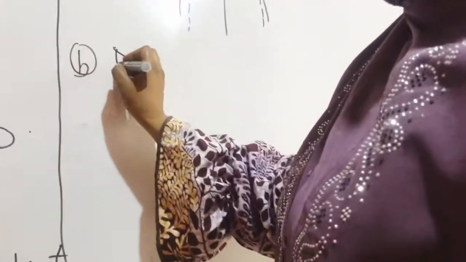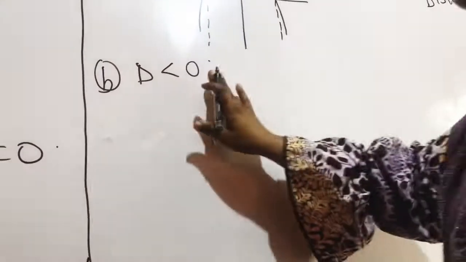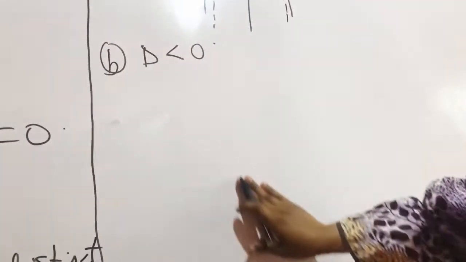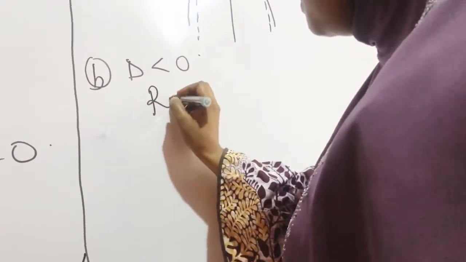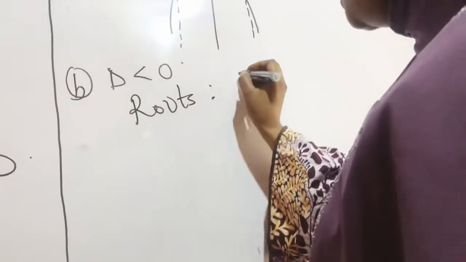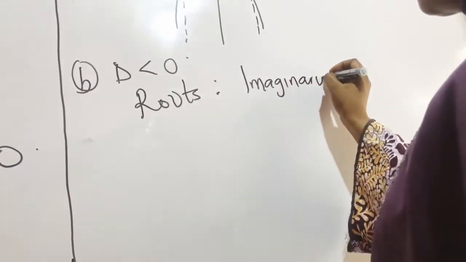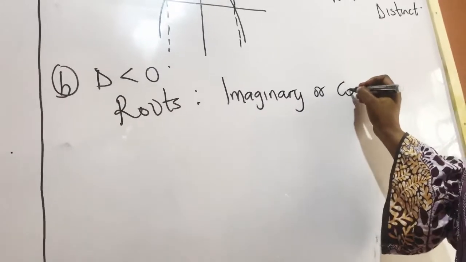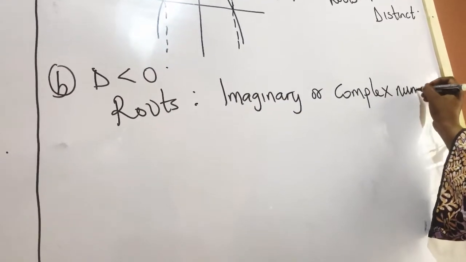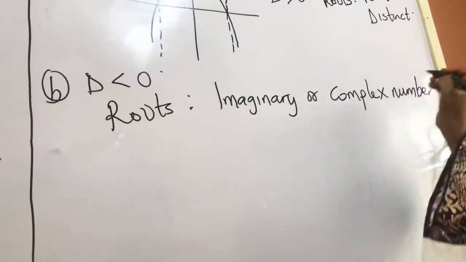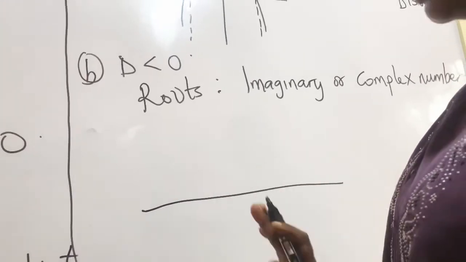Next, when d is less than 0, the roots of that quadratic equation are going to be imaginary or complex numbers, and the graph is not going to touch the x-axis at all.